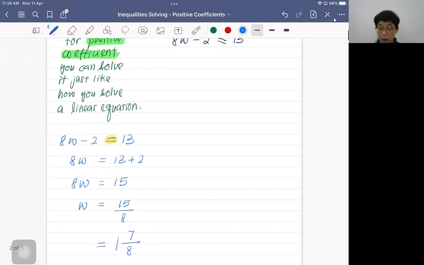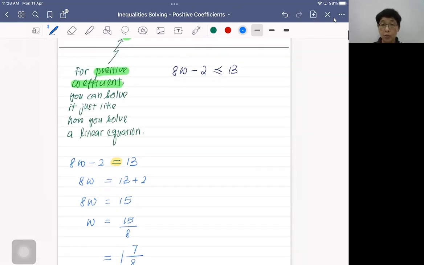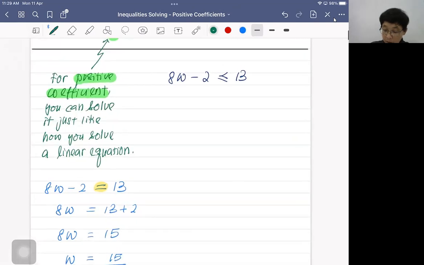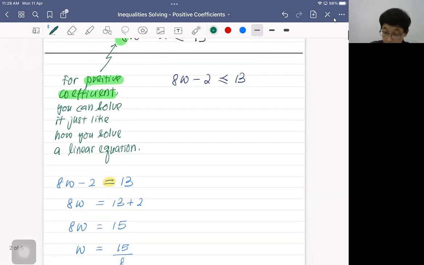So for a positive coefficient, we will do exactly as what we have done for the linear equation. For this question, you just do exactly as what we have done for the equation. The only difference is the sign that is used. Here we have 13. You add 2 to both sides, which gives you this. Then you have simplified this as 15.